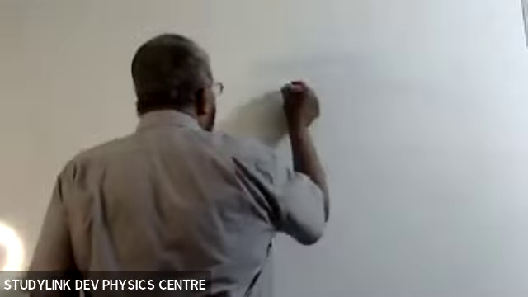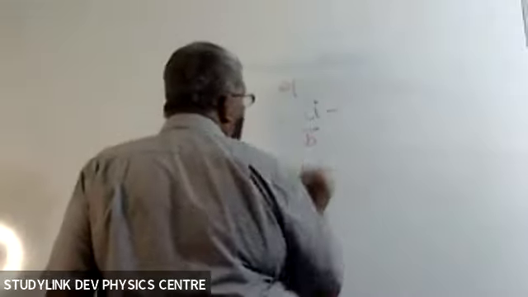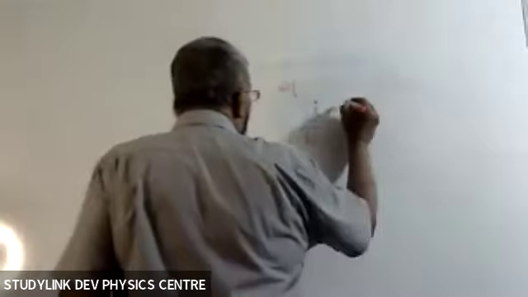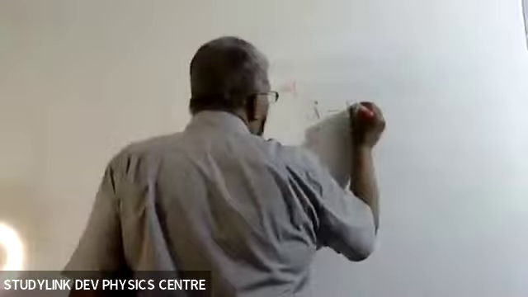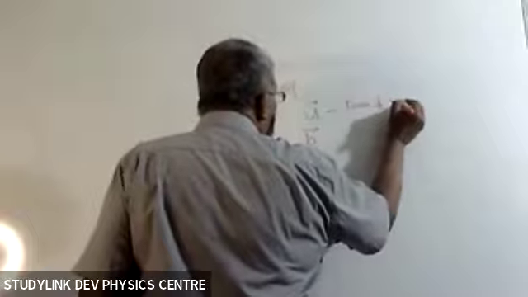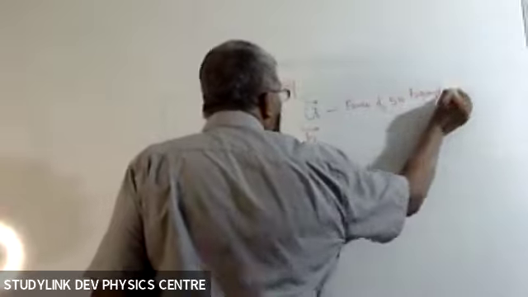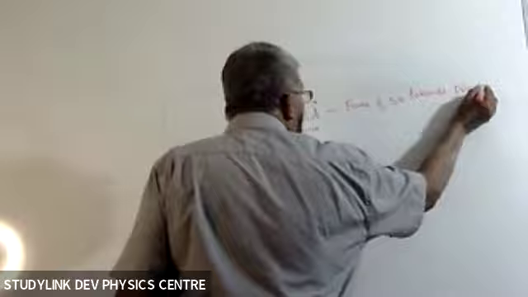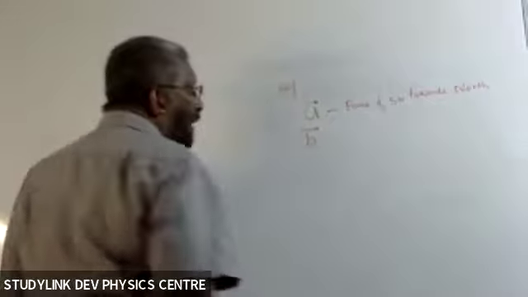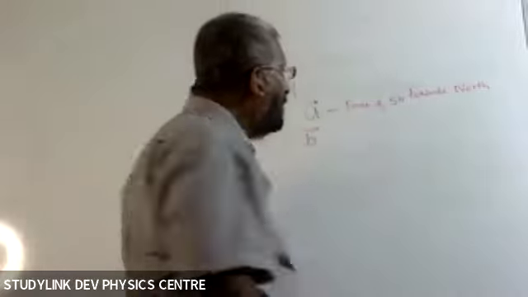Example: A is a force of 5 newtons towards north. When you are explaining it, we have to write the magnitude.